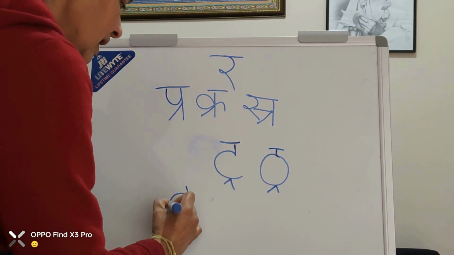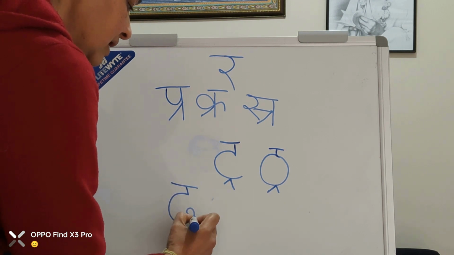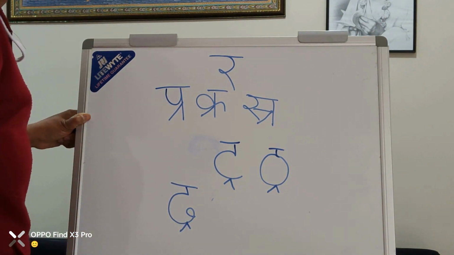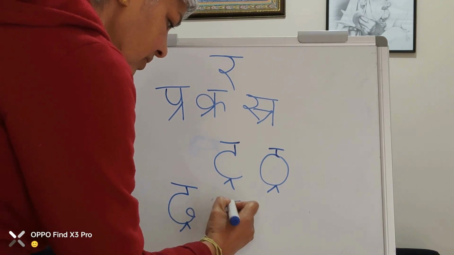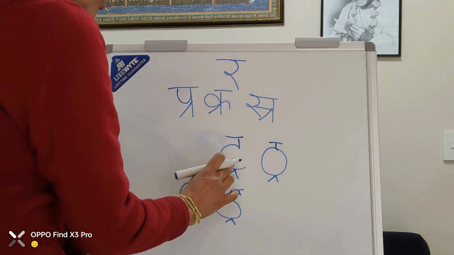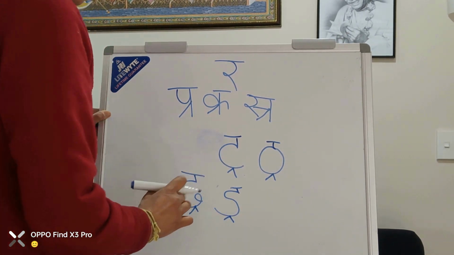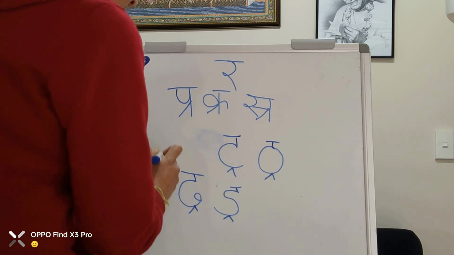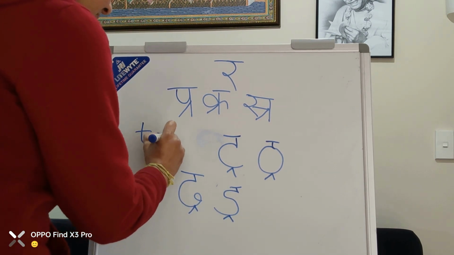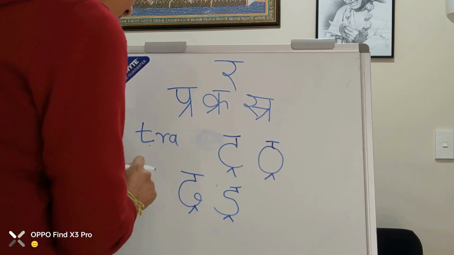Dha, dra. And the also goes like this. So the whole ta, tha, da, dha, they all have this little hat thingy at the bottom. So this is tr. Sounds like a frog, doesn't it? Tr.